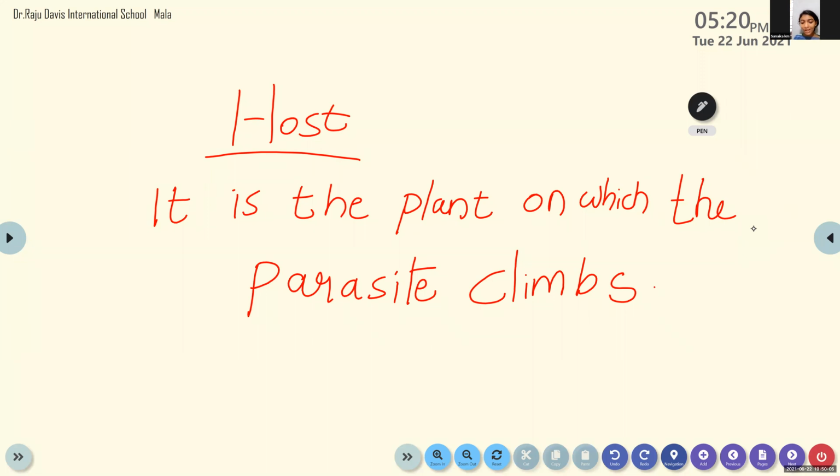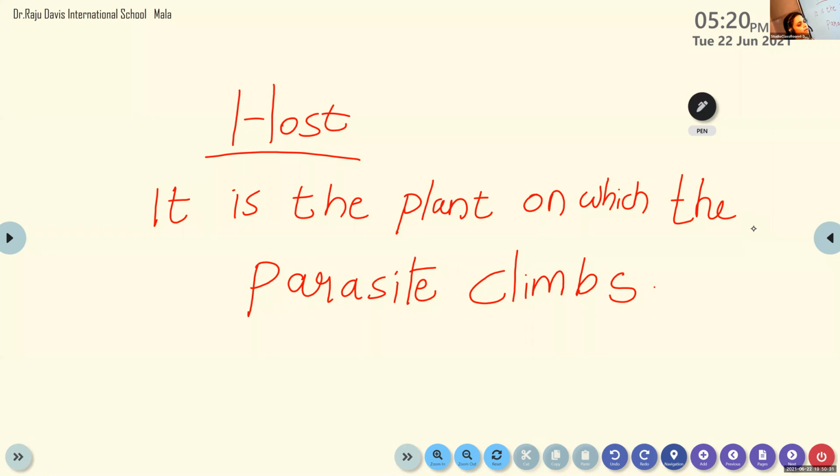Parasite is a plant that climbs on another plant and takes its nourishment. Very good. Parasites are the plants that climb on other plants to take their nourishment. And what do you mean by host? Host is the plant on which the parasite is climbed.